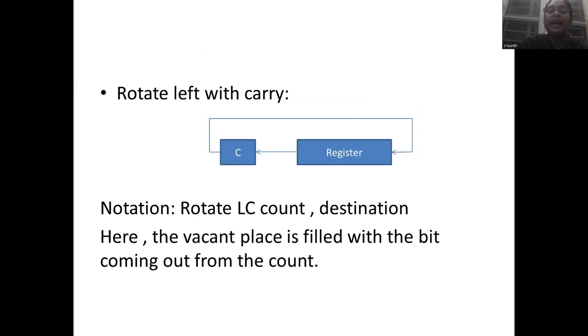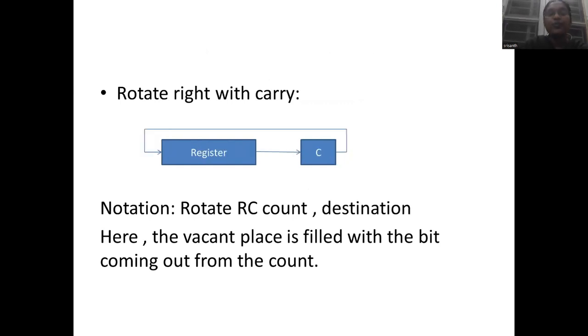Rotate left with carry. As we have already seen in the previous example, the vacant bit is filled with the data coming out from the register. When it comes to rotate left with carry, the vacant place is filled with the bit that is coming out from the carry bit.